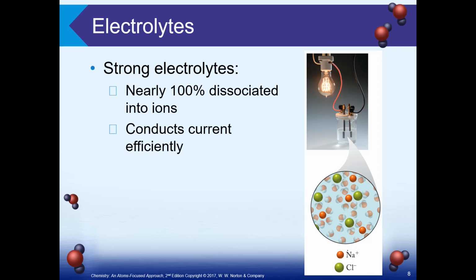So for example, if we put something like sodium chloride in solution, that breaks apart nearly 100% into its sodium ions and chlorine ions. So if you set up an electrical circuit here, what you'll find is that if you put a light bulb as part of that circuit, it's going to be lit up very brightly.